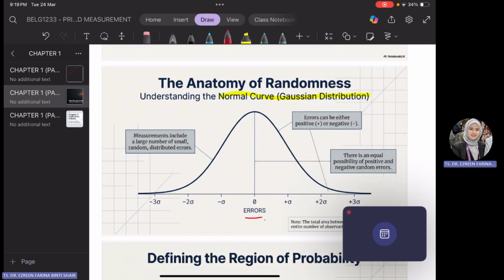The errors can be either positive or negative. It's 50-50. There's an equal possibility of positive and negative random errors. And all the measurements include a large number of small, randomly distributed errors.